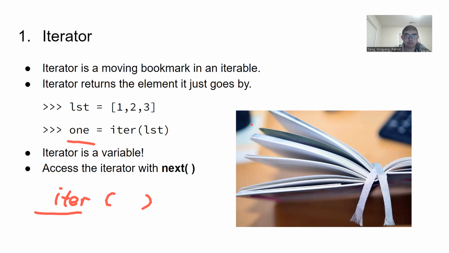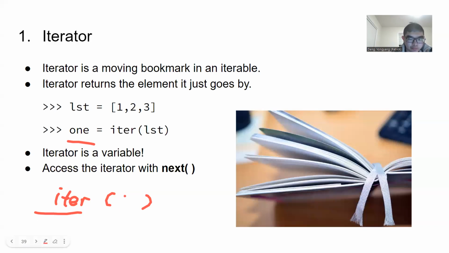It's the same as when you try to make a list or a tuple, you use the name list or tuple, and it's the same for an iterator. I think this is one of the ways you create an iterator.